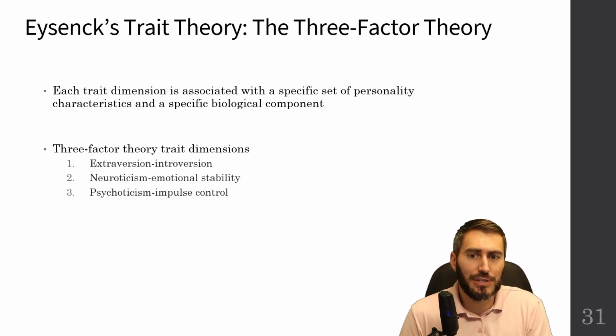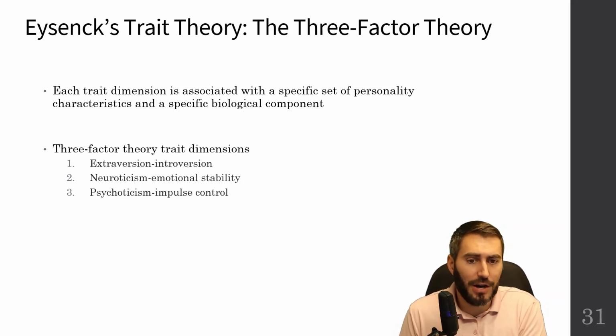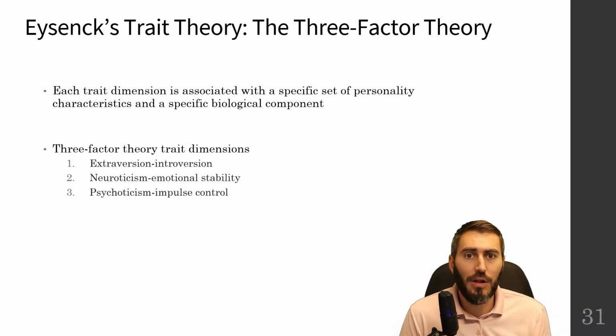So, for example, this 3-factor model takes these 3 factors of extroversion and introversion, neuroticism and emotional stability, and psychoticism and impulse control, and puts these 3 factors on linear scales. And you see where people fall on these 3 factors, and that creates an overall personality perspective or personality type. Again, this was one of the earlier ones, a 3-factor theory, and we see these 3 different factors play out.